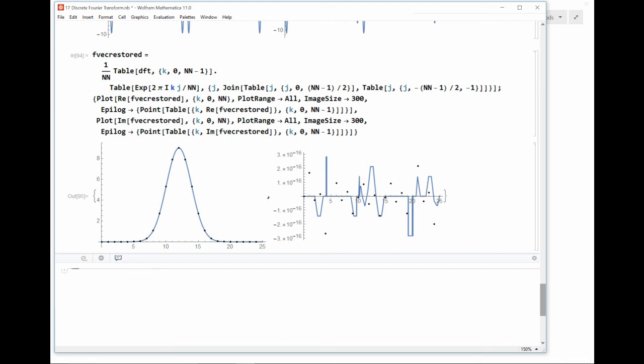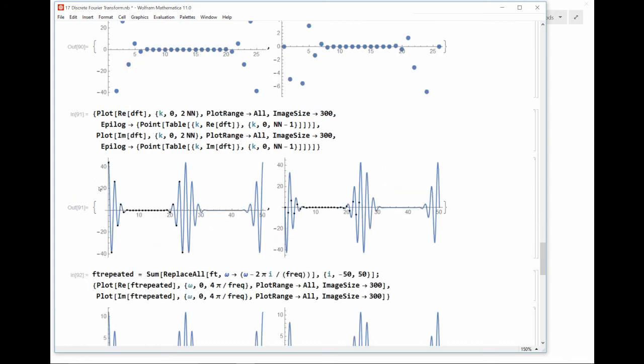I'd like to point out that here I tabulate e to the 2 pi i k j, with j going from 0 to 1/2 of the interval, and then for the rest of the frequencies I make j negative. If I don't do that, I will see superfluous oscillations in my signal.